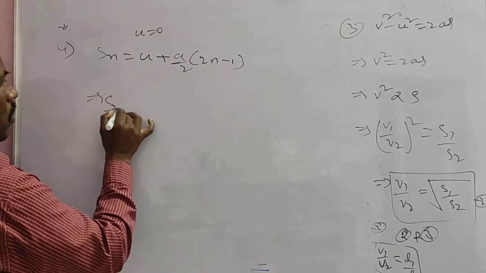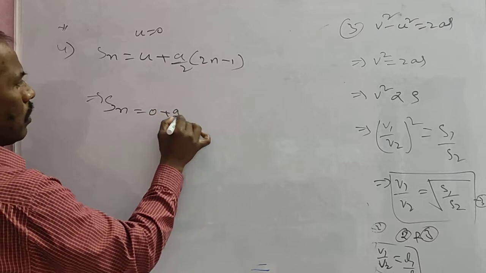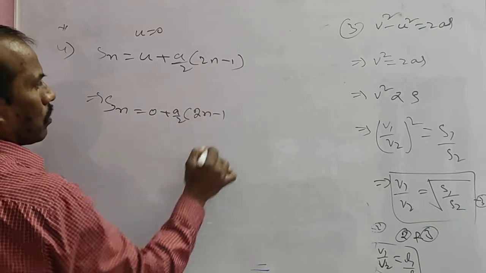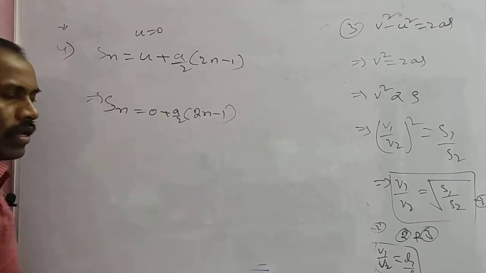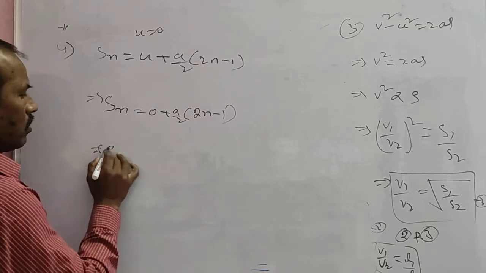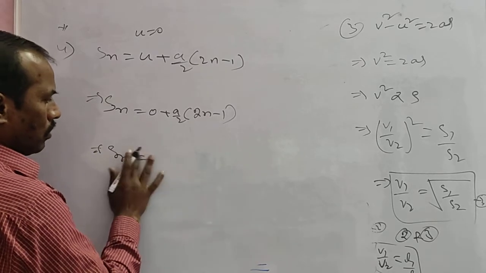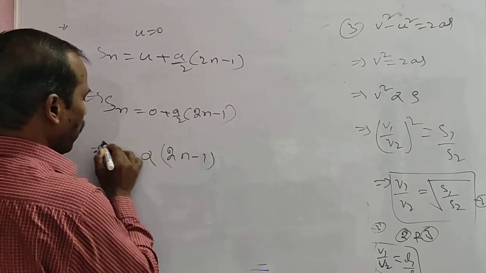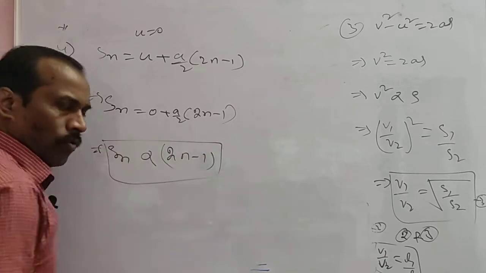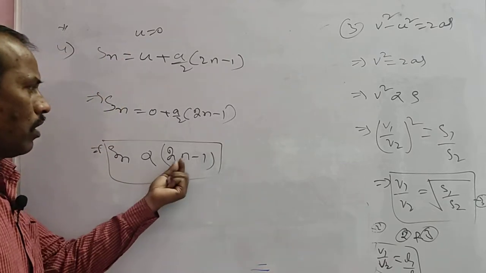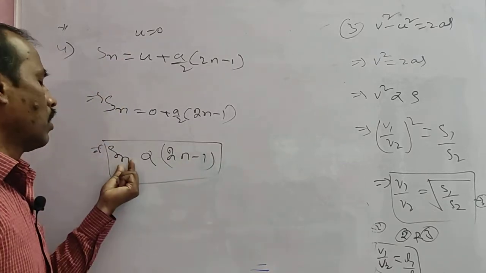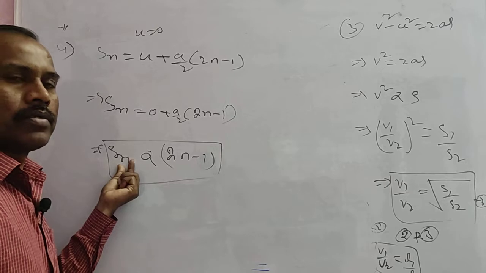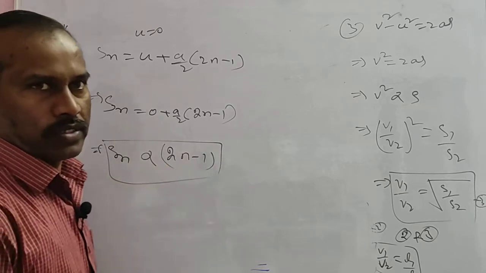So Sn is equal to 0 plus a by 2 into 2n minus 1. Here a is a constant, so Sn is directly proportional to 2n minus 1. These are the 4 equations. This relates the nth second and the displacement in the nth second.